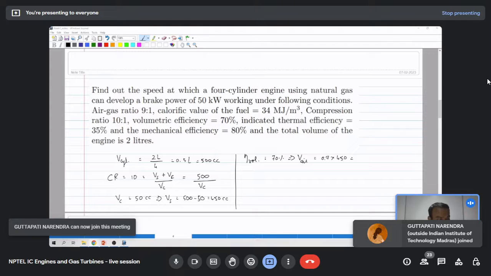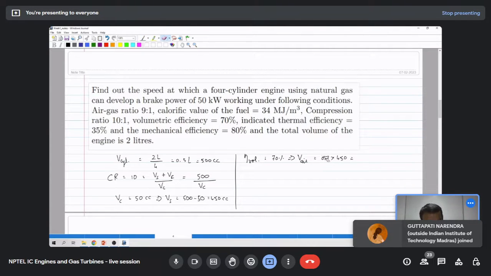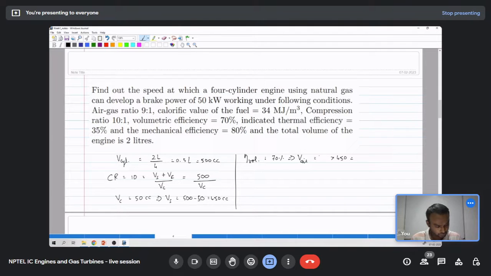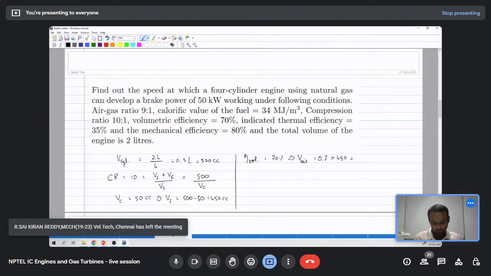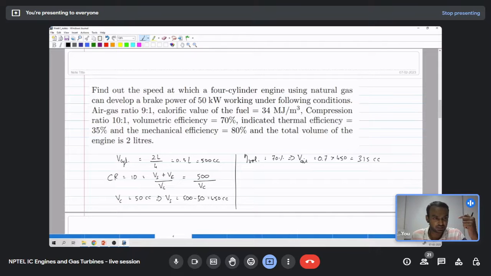So 0.7 into 450 is 315 cc. So that means during every suction stroke, only 315 cc of the air at atmospheric condition enters into the cylinder.